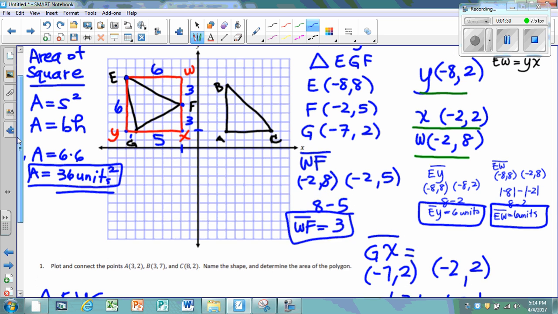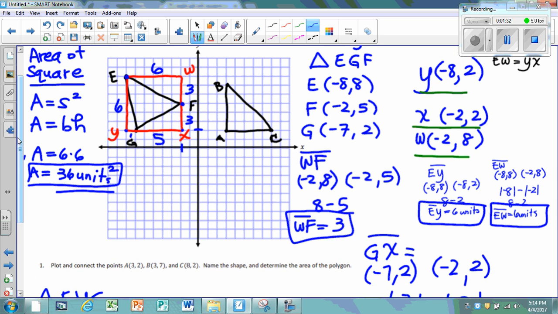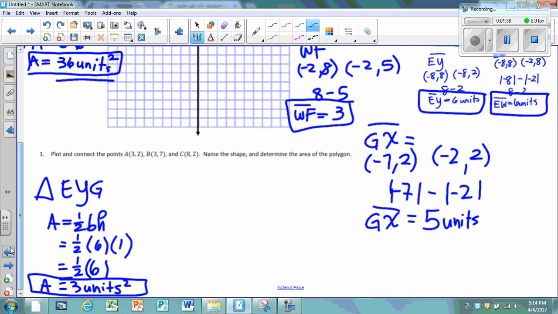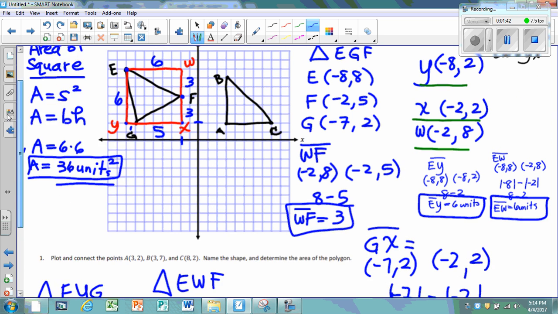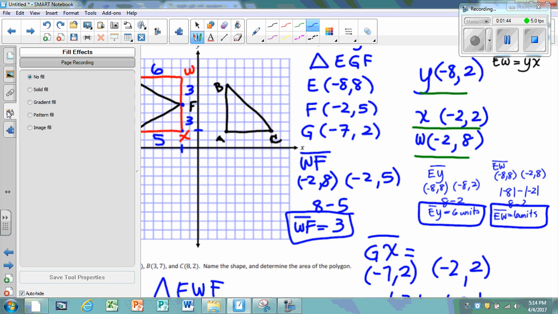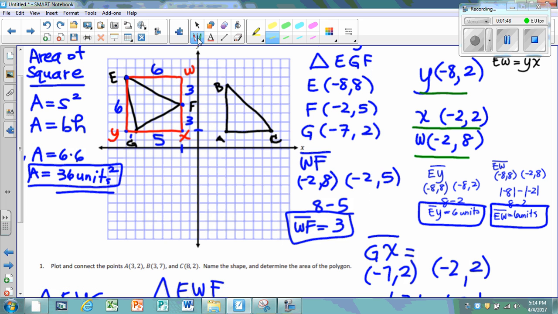The next one that we would have is triangle EWF. If we go back up, we can look. We're talking about this triangle here, EWF, this one in here.